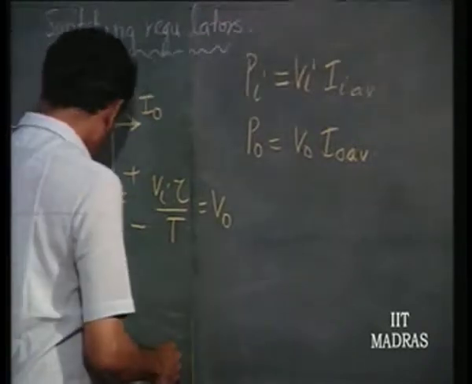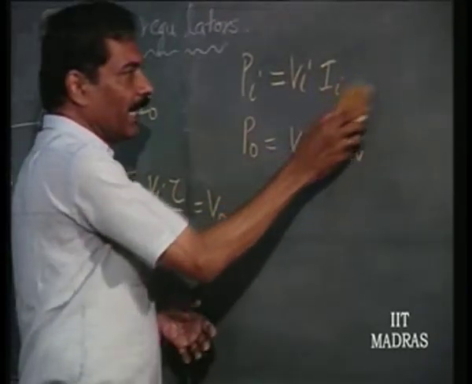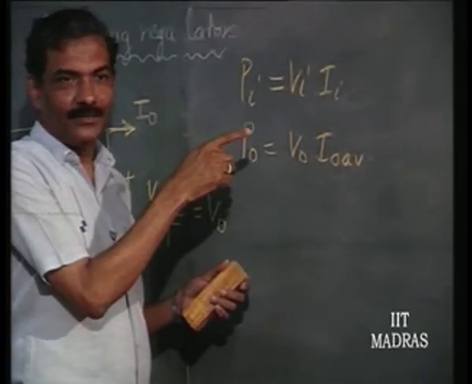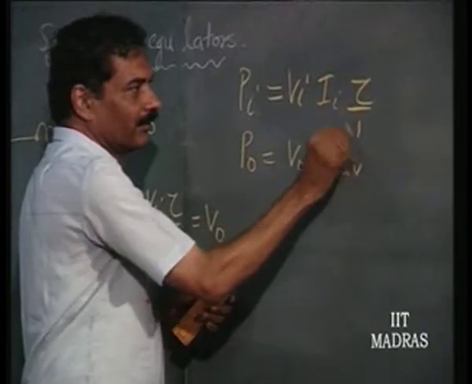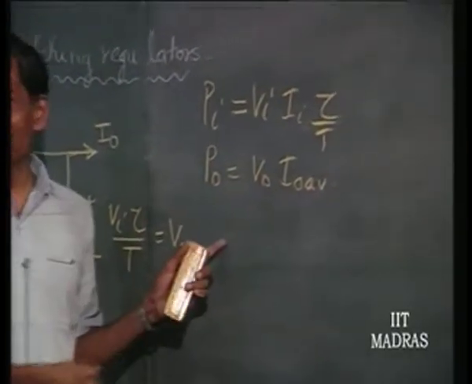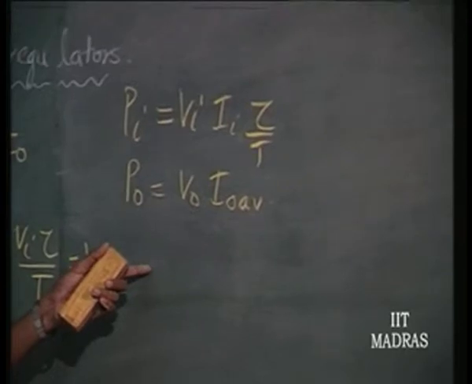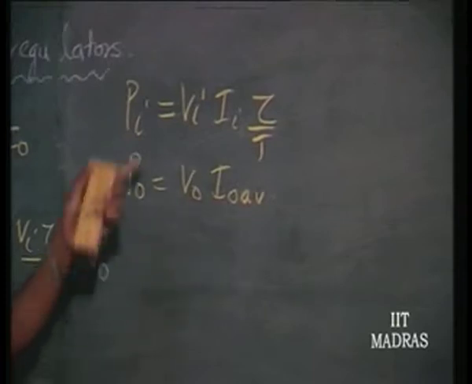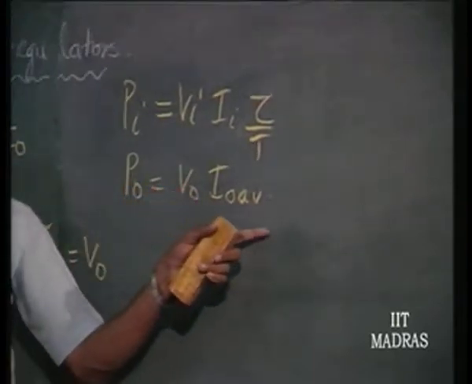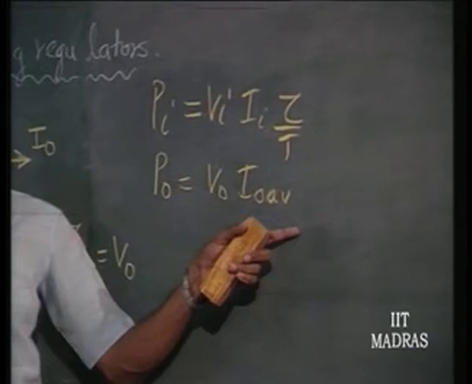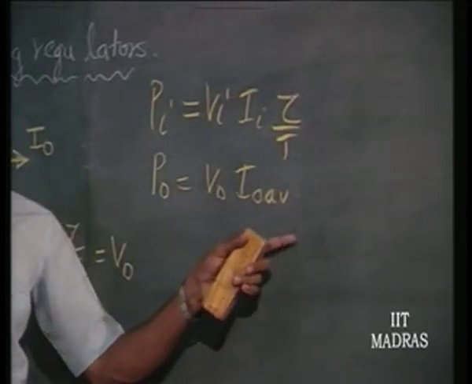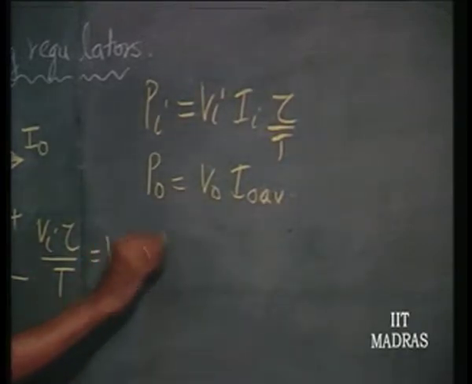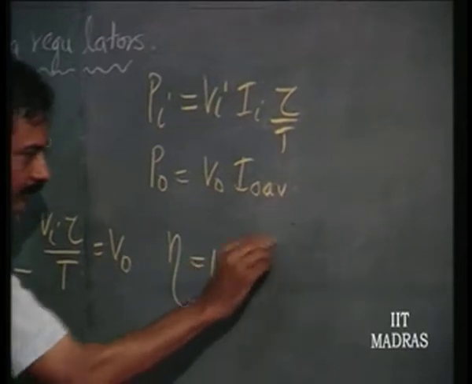Now input power is going to be Vi into II, and it is conducting only for tau. So this is nothing but the output power. So efficiency is 100%. I average is the same as I naught average. Is this clear? Efficiency is equal to 100%.